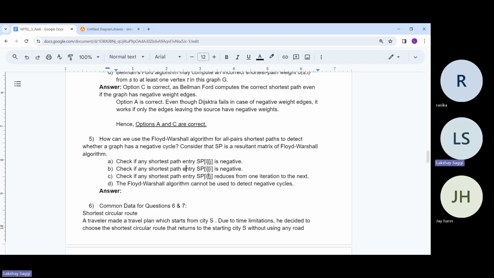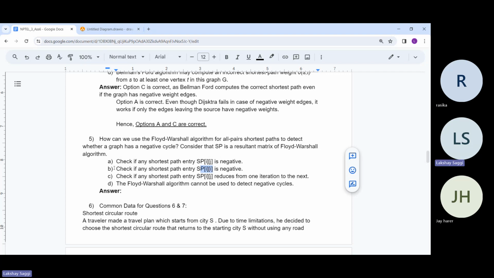That's the property of a cycle. So an entry in the shortest path matrix SP from, let's say, I to I, from a vertex I to that same vertex I, will give us a path which starts at I and ends at I. And if there is a negative weight cycle, this path will have a length less than 0, right? Because we have found a path of length less than 0, which is actually the negative weight cycle.